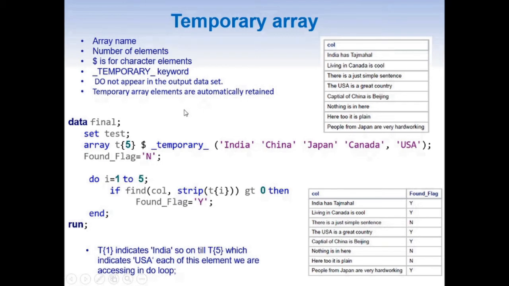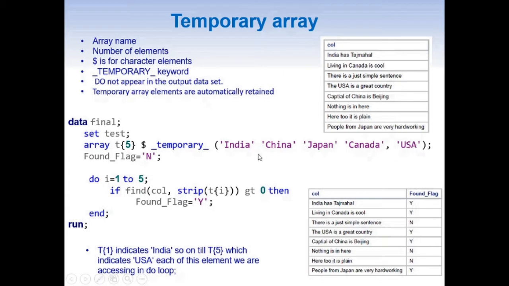And temporary elements we define only once, but they are retained all through, which means these values are available for each observation here.